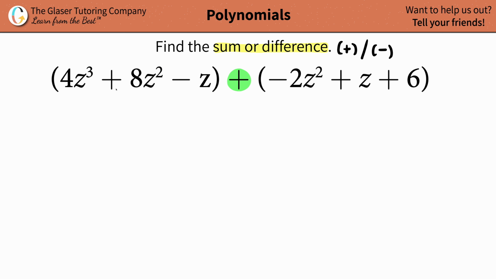So don't get tempted to add this 4 with this 8. If it's a z cubed, you can only add other z cubes. And if you have something that's a z squared, you can only add other z squared terms. So definitely we're going to be doing something with these two because they're both the same variable. Let's just keep that in mind.